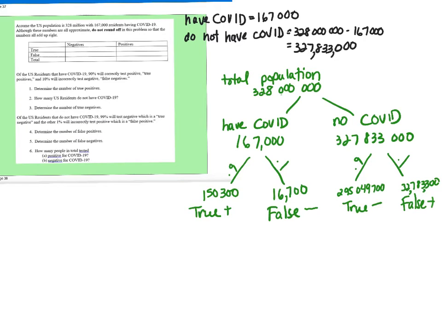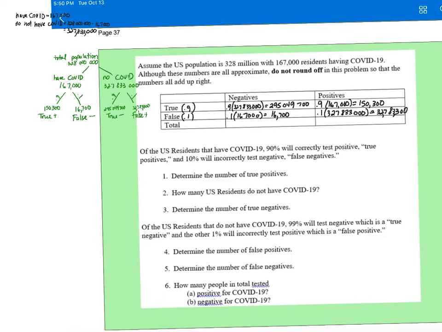Now let's take that and put it into our chart. The true negatives took 90% of 327,833,000. The true positives took 90% of 167,000.